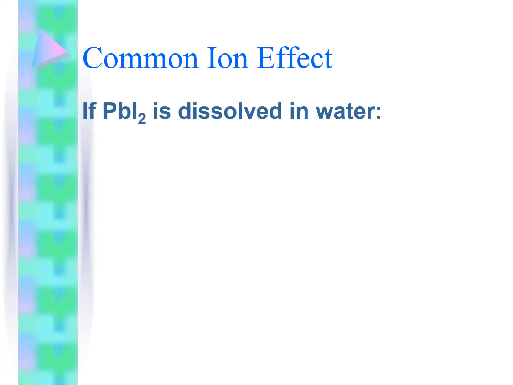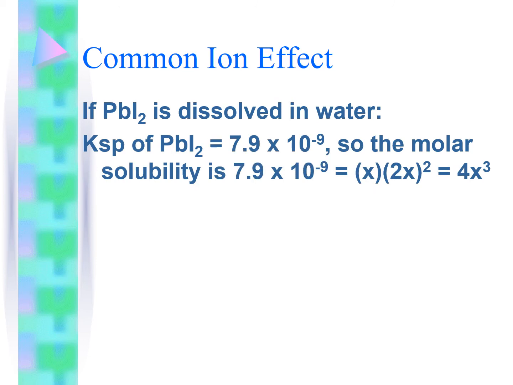If you have lead iodide dissolved in water, I'm going to have a KSP of 7.9 times 10 to the negative 9. So the molar solubility is going to be found by using KSP. I'm going to take that 7.9 times 10 to the negative 9.